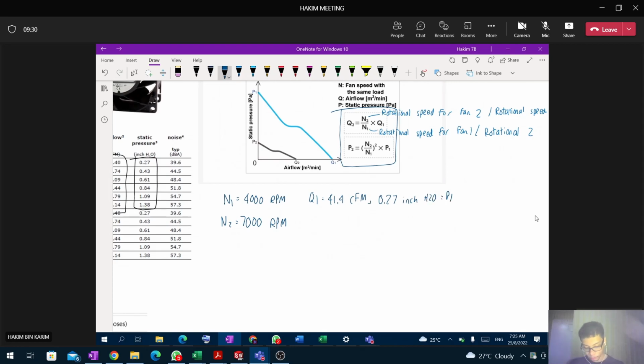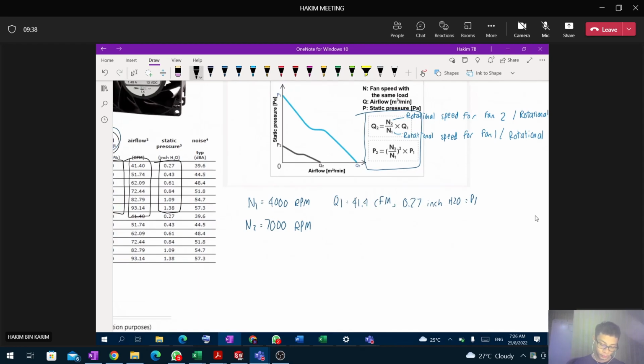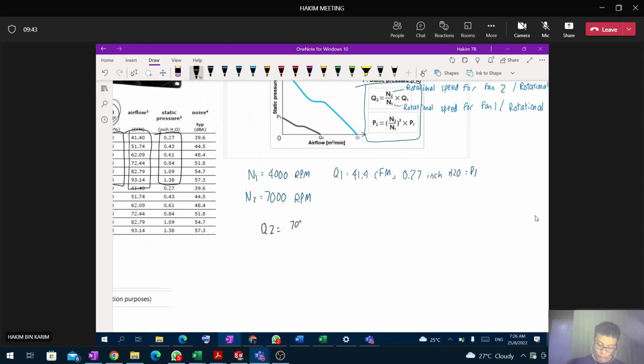So how do we find Q2 and P2? What is the airflow and static pressure of fan 2? Using the formula, Q2 equals N2, which is 7000 over 4000, times Q1. Q1 is 41.4 CFM. So this is 72.45 CFM.